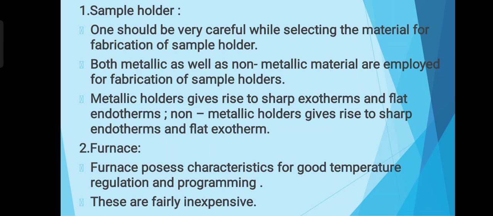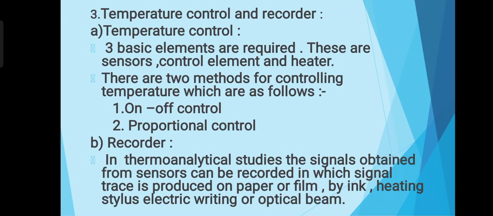Now see furnace. Furnace possesses characteristics for good temperature regulation and programming. These are fairly inexpensive. Third, temperature control and recorder. First one, temperature control. Three basic elements are required: sensor, control element, and heater.